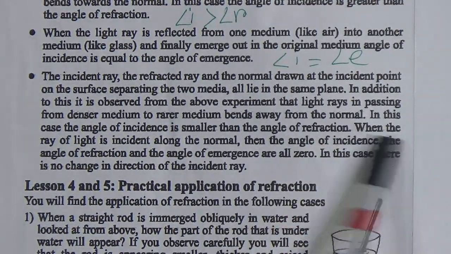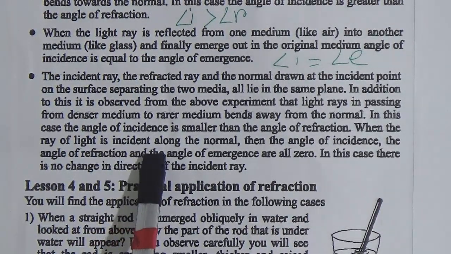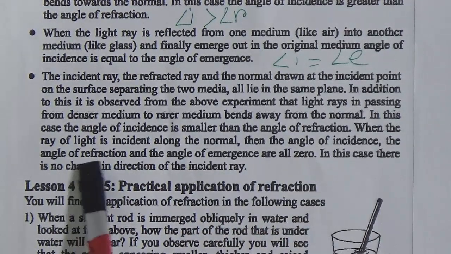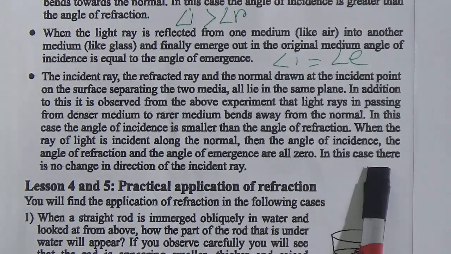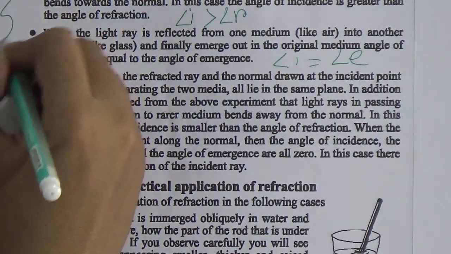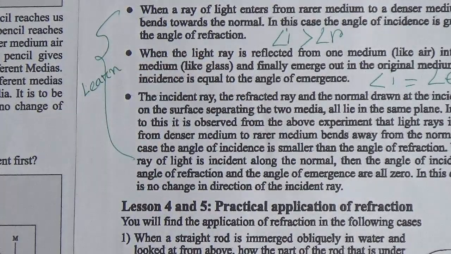When a ray of light is incident along the normal, the angle of incidence, the angle of refraction and the angle of emergence will all be 0. So in this case there will be no change of direction. These are the laws or conditions, you have to learn them, and it will be your homework also.